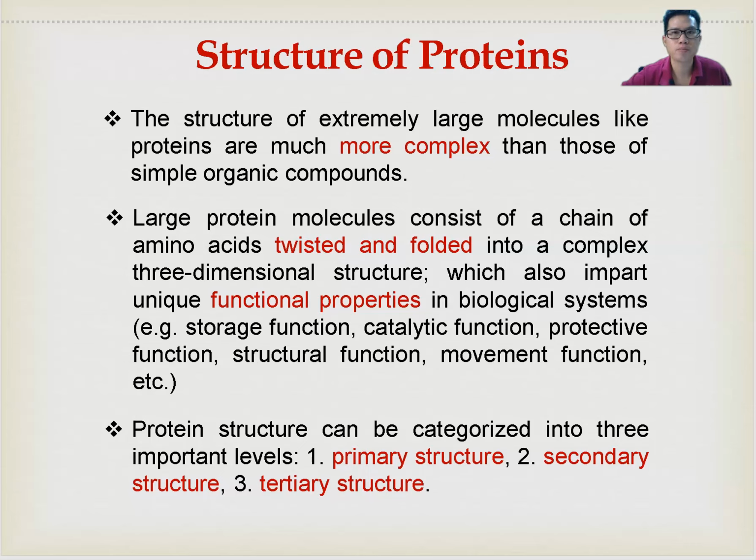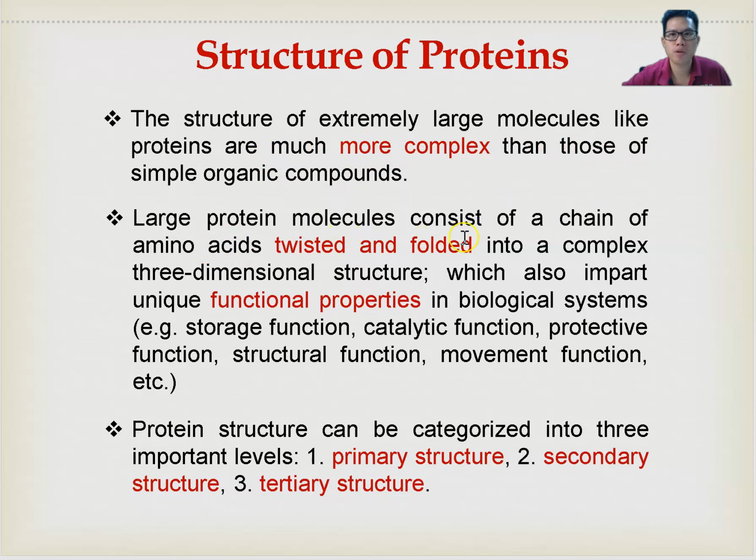So the structure of proteins is actually fixed already, and usually based on the DNA of the organisms. The structure of extremely large molecules, like for example proteins, is much more complex than that of simple organic compounds.